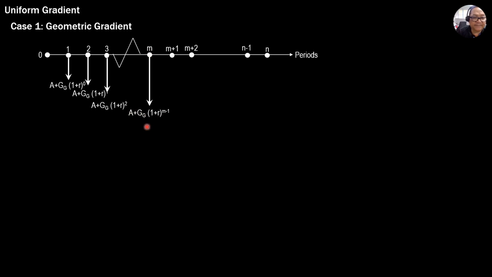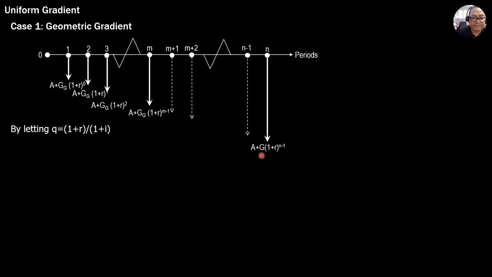So that at the end period, it is A plus G sub G 1 plus R to the n minus 1. And let's continue that up to the end period, which is A plus G quantity 1 plus R to the n minus 1.